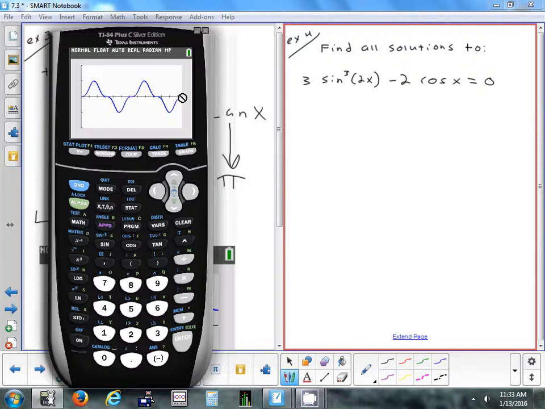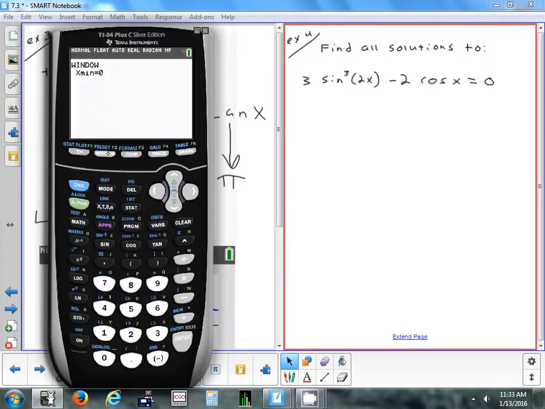Okay, so the period of sine cubed is 2 pi. Right, so I'm going to set that back so we only see one period. And now, what does putting a 2 in there do? Yeah, it's going to compress it. So it's going to make the period shorter. So it was 2 pi. What do you think it's going to be now?